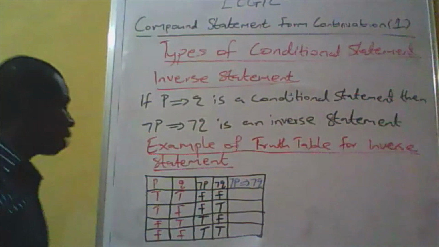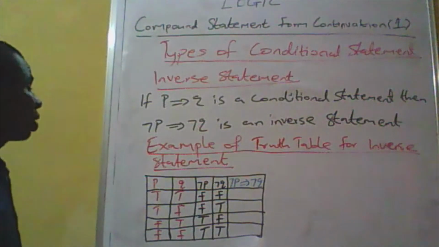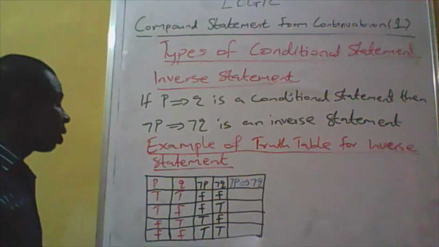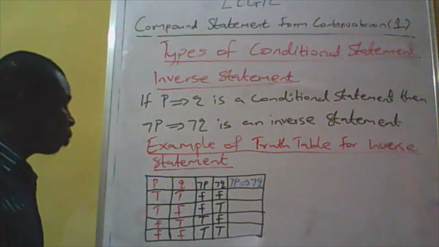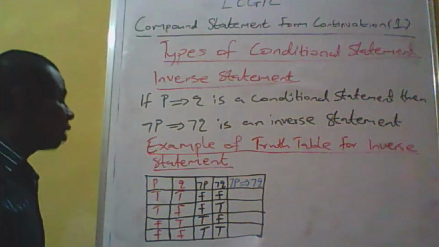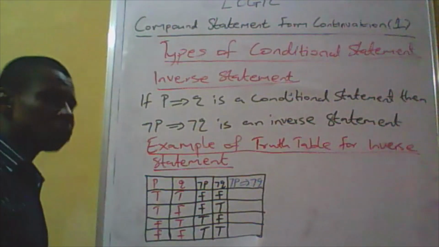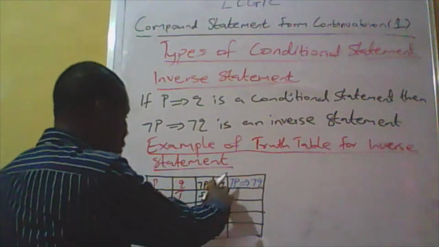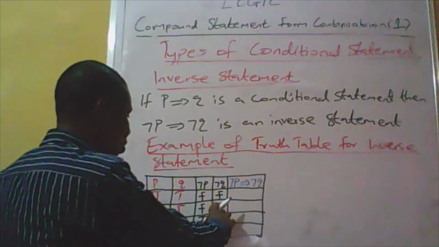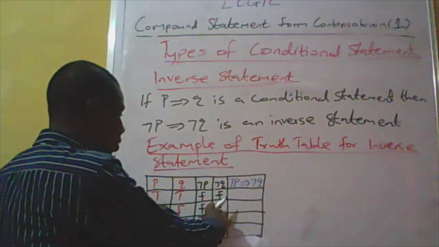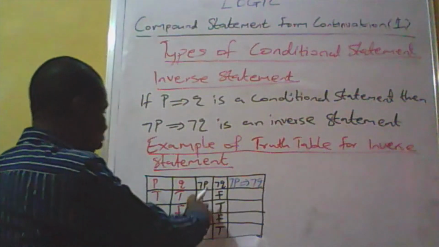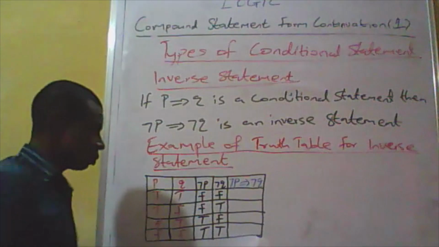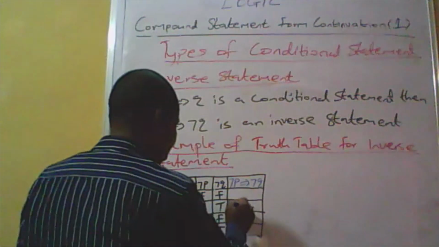We said that we can only have a false truth valuation when I assigns not P to T and then assigns not Q to F. Here, I assigns not P to T and not Q to F. That means here will be false.